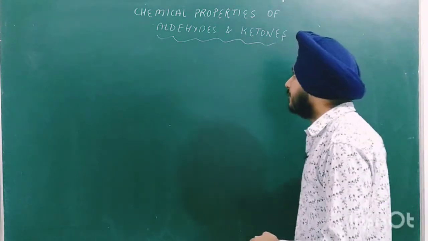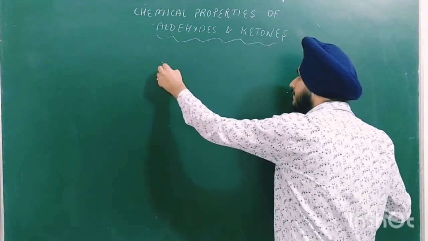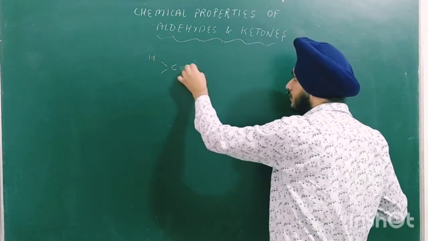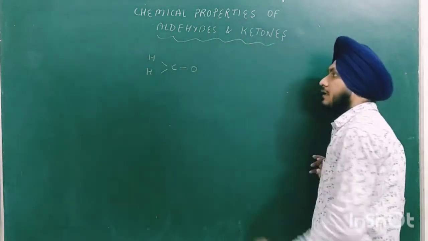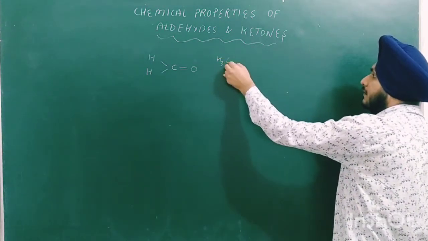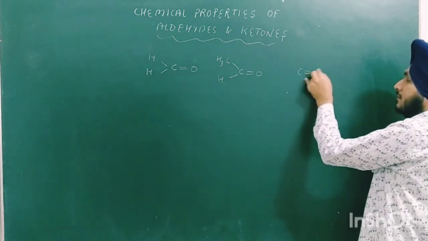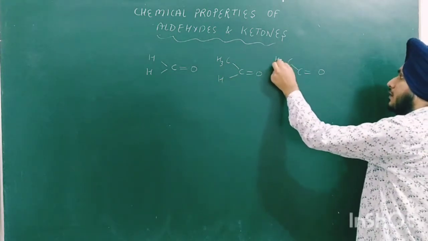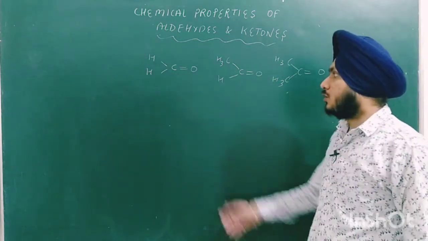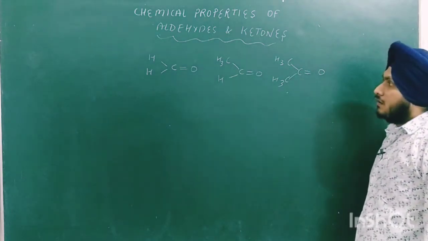If we talk about the inductive factor, then we have formaldehyde, then we have acetaldehyde, and then we have acetone. I am just adding a methyl group to each of the carbonyl groups.